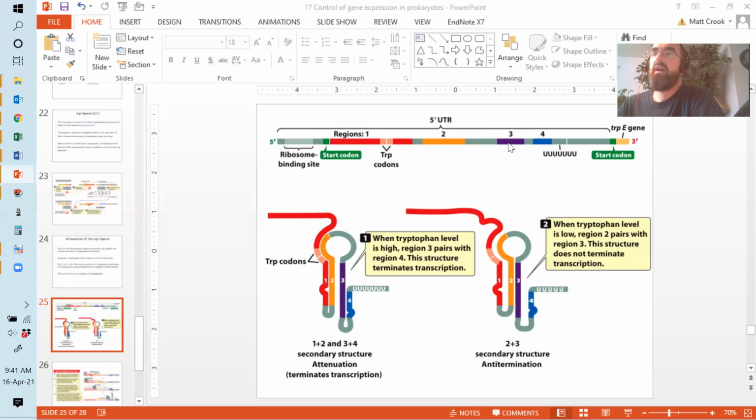The reason why 3 isn't pairing with 2 is because the ribosome is covering 2. It doesn't physically allow it. Does that make sense? Because it's already moved along after translating the TRP codons in region 1.